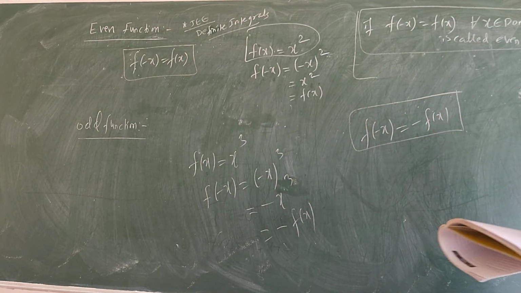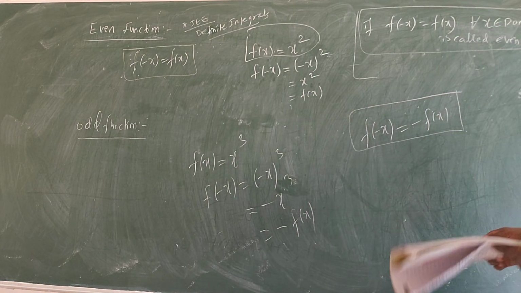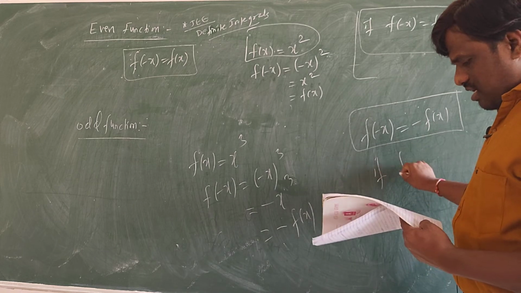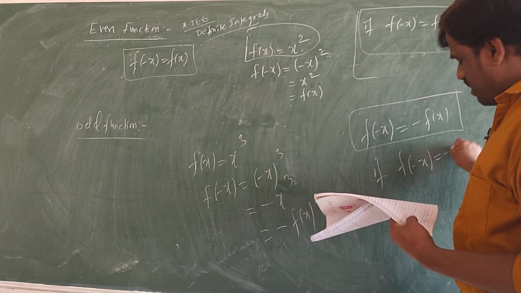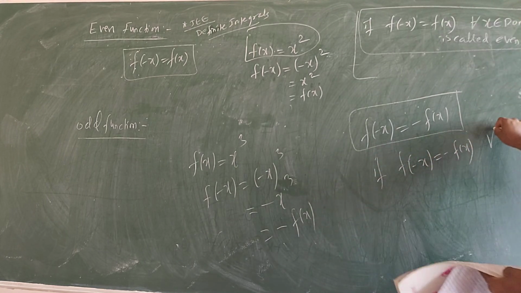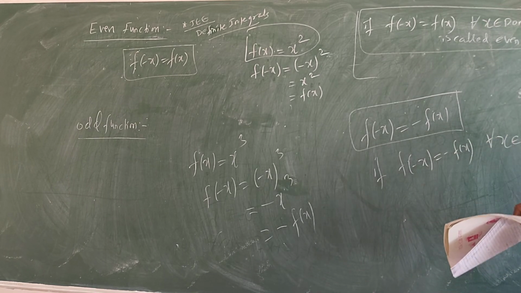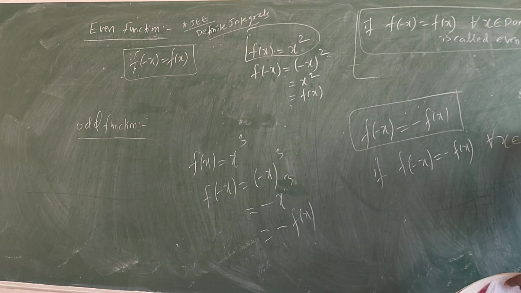Another one, odd function: if f of minus x is equal to minus of f of x for all x belonging to D, where D means domain, it is an odd function.